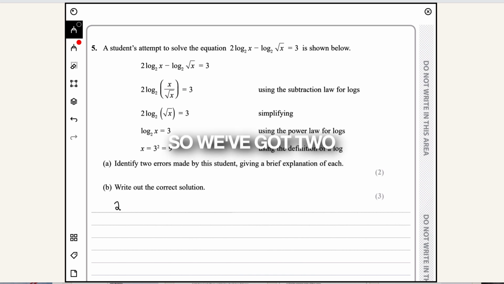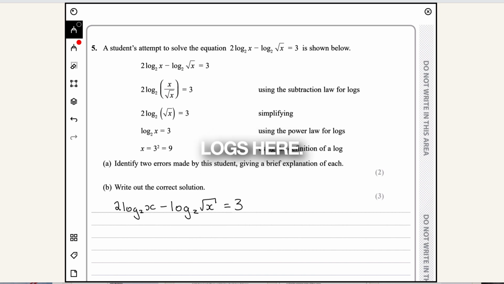So we've got 2 log 2x minus log 2 root x equals 3, and we're going to use our laws of logs here. We can't use the subtraction rule here immediately. Remember, subtraction law would be log a of b minus log a of c equals log a of b over c.